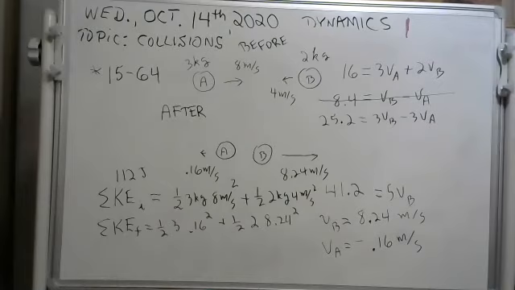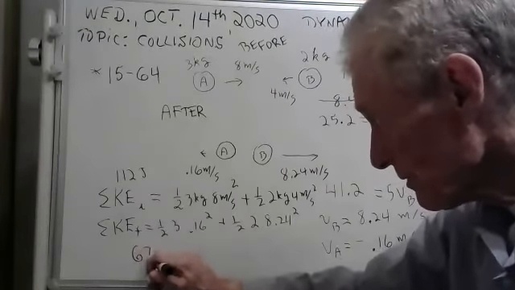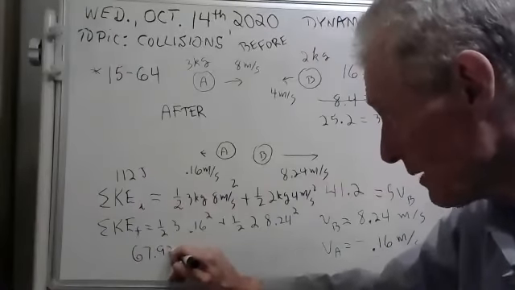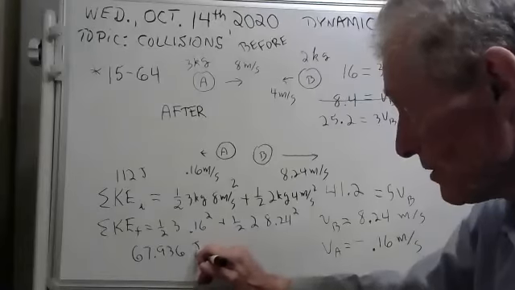Here goes. Well, I got the final kinetic energy, if I did it right, and if I didn't, please let me know. I'm getting 67.936 joules.